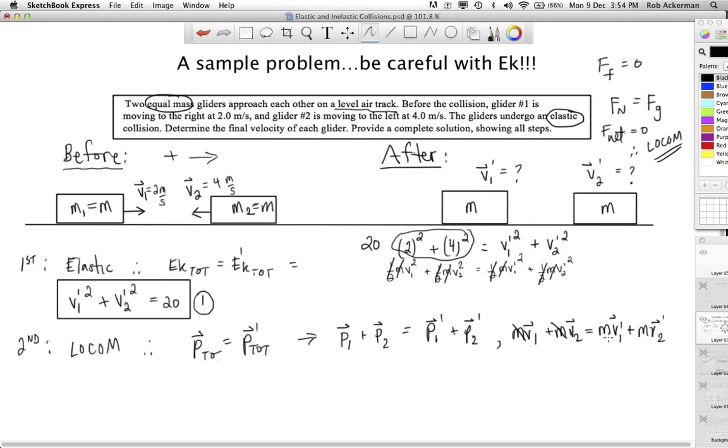Again, the masses will cancel. What have we got for v1? I designated positive to the right, so that gives me 2 in there, plus v2, which is 4, but to the left, that's negative 4.